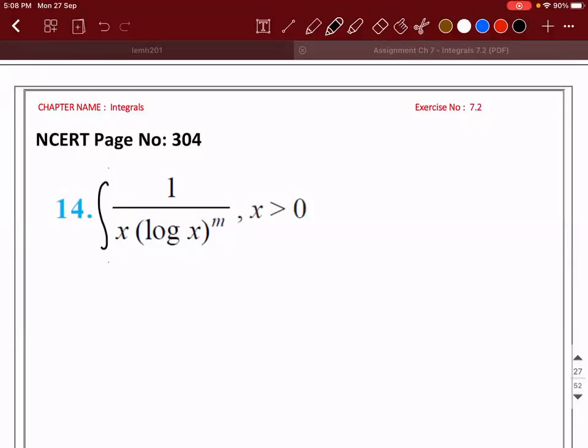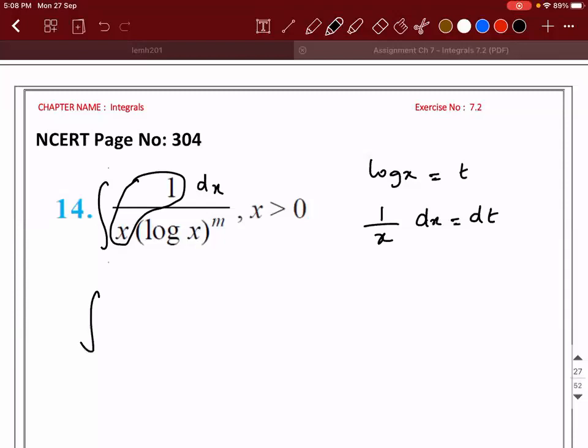So integral of 1 by x into log x the whole power m. How to do this? Sir, we take log x as t. We differentiate log x. Wherever you have this 1 by x dx and log x combination, always put log x as t. So 1 by x into dx will be equal to dt. Substituting it here, you will get dt divided by t power m.